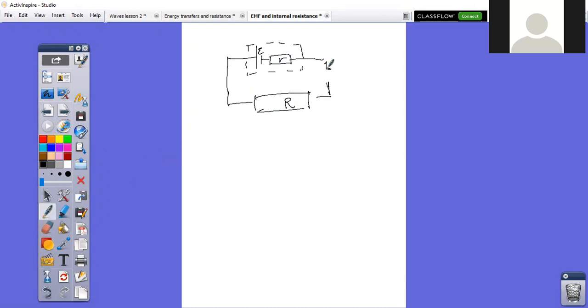Okay, again, and I'll have my voltmeter like so. I'll connect it there. Okay, so we can rewrite that equation we wrote and say E minus Ir equals V. What did I say the V stands for?